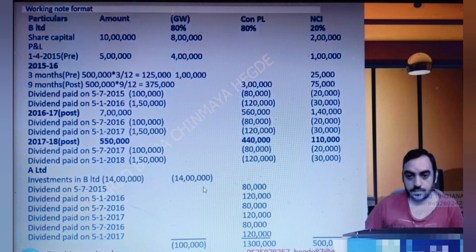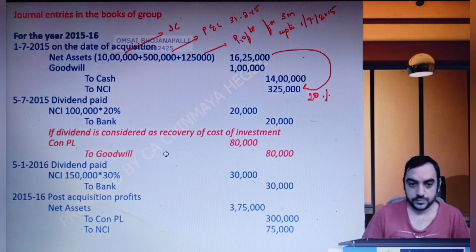This 10 lakh is share capital, 5 lakh the P&L account balance on 31/3/2015, and 1,25,000 profits for 3 months up to 1st of July 2015. Goodwill we calculated 1 lakh. Payment made 14 lakh investments. To NCI 20% of net assets, 3,25,000.